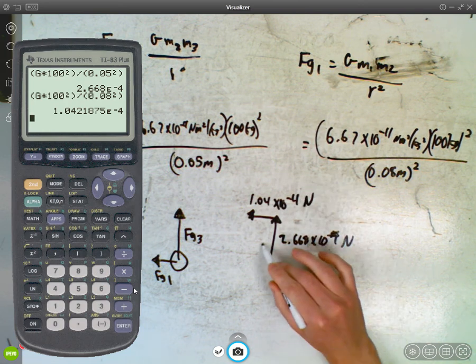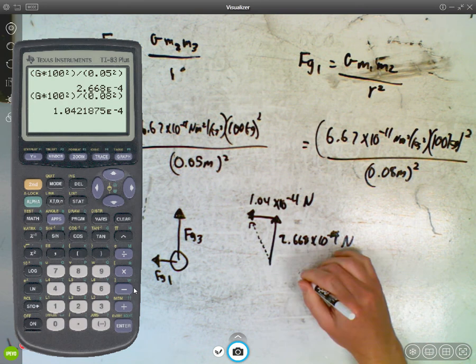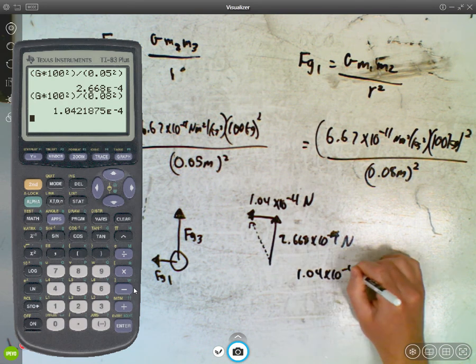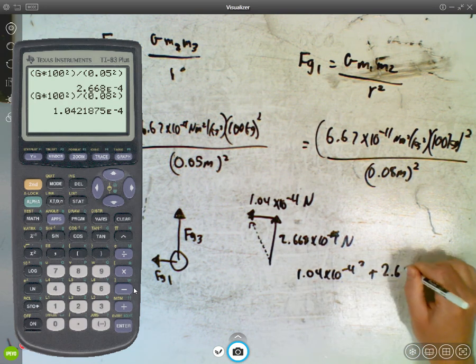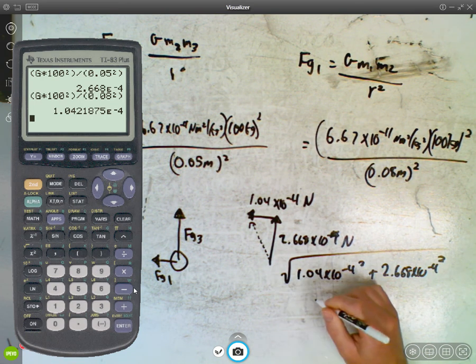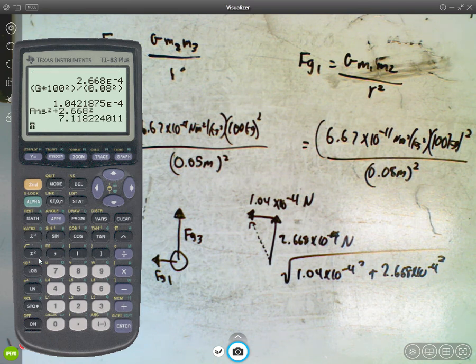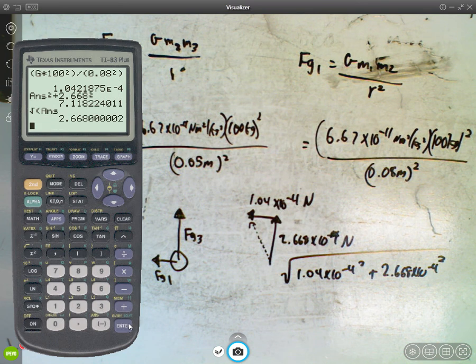So to find the net force, I have to Pythagoras these two numbers, 1.04 times 10 to the negative 4 squared plus 2.668 times 10 to the negative 4 squared, all square root, and I can find out what that is. So let's do that. I'll take this squared plus 2.668 squared, and I'll square root the answer. Oops, I just did 2.668.